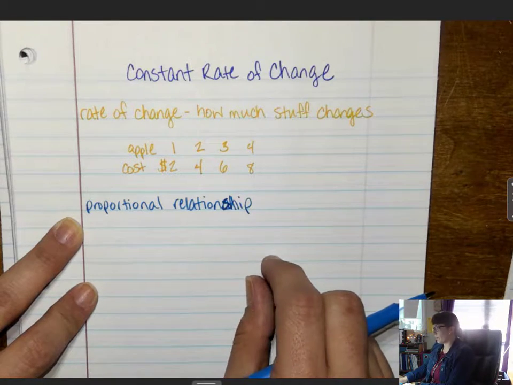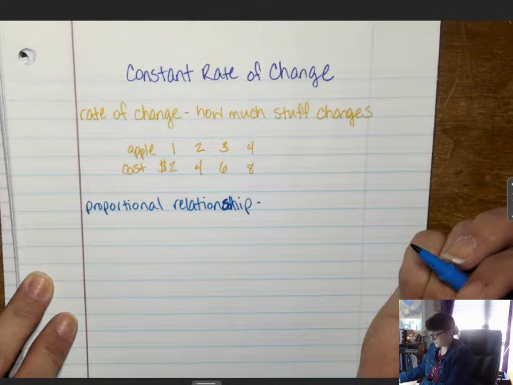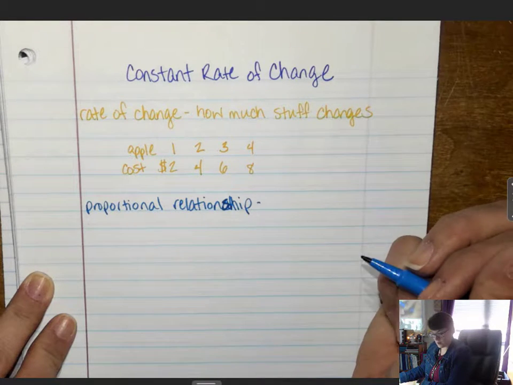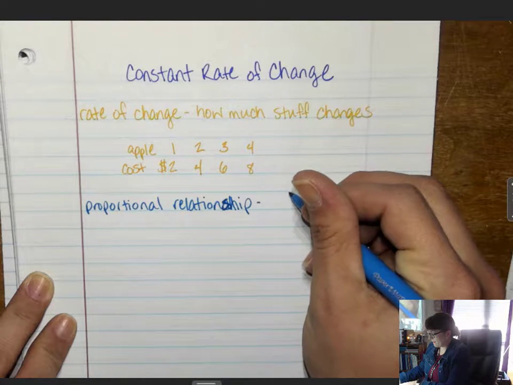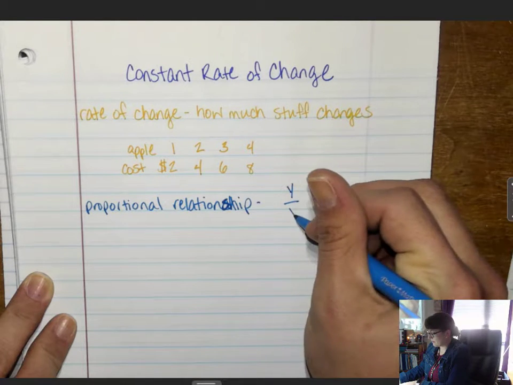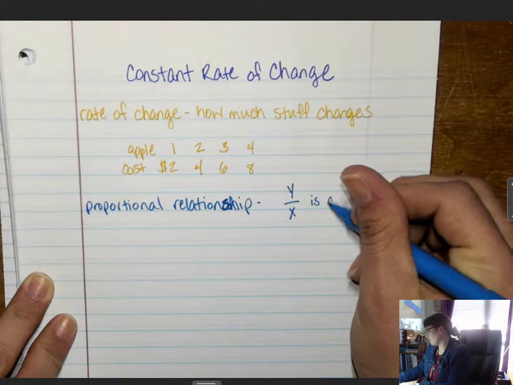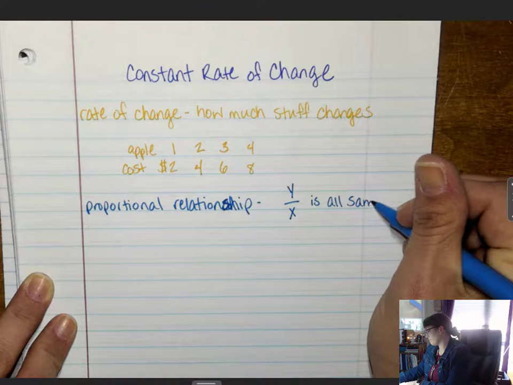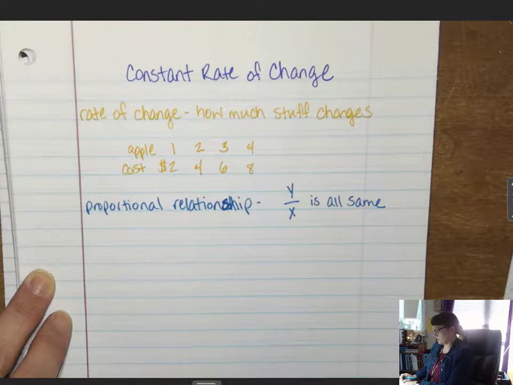Proportional relationship. Y divided by X is all the same. So Adele, how'd you know it was times 2?